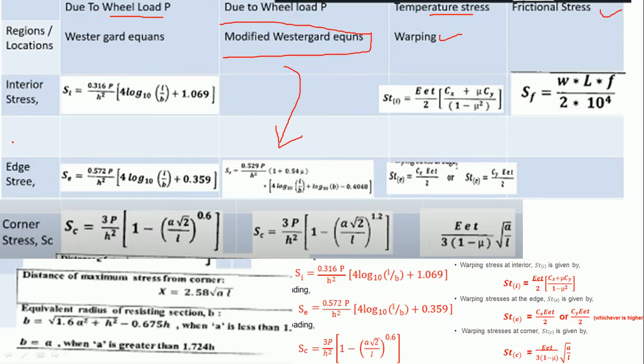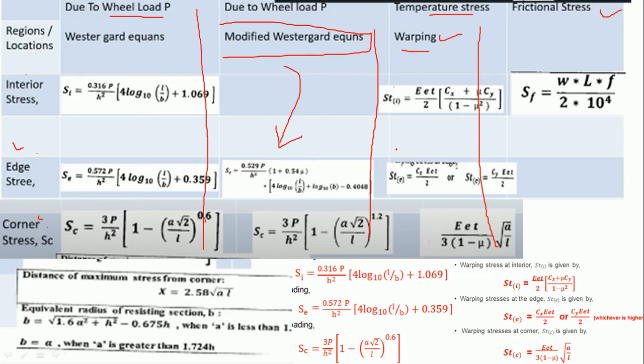They are available for the edge region as well as the corner. You can observe interior, edge and corner, and this column is the modified Westergaard's equation for wheel load stress, and this is Westergaard's equation for warping stresses.